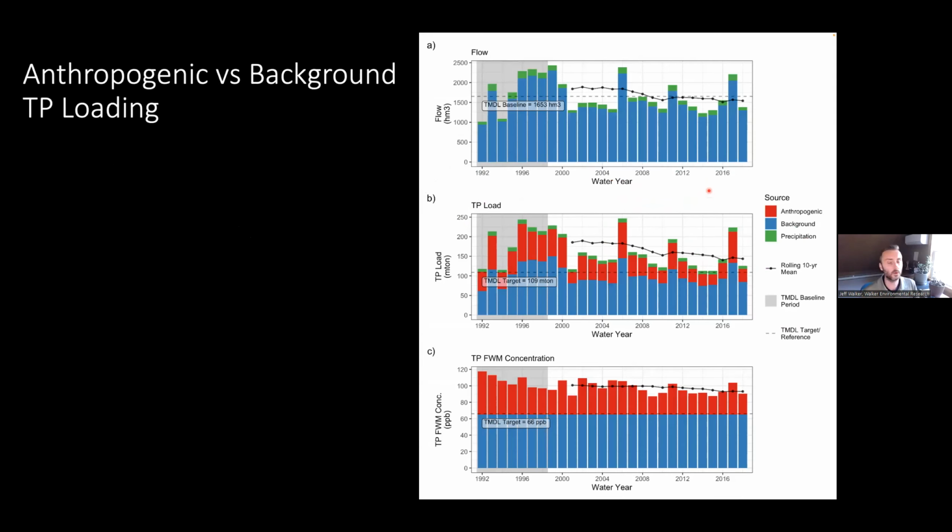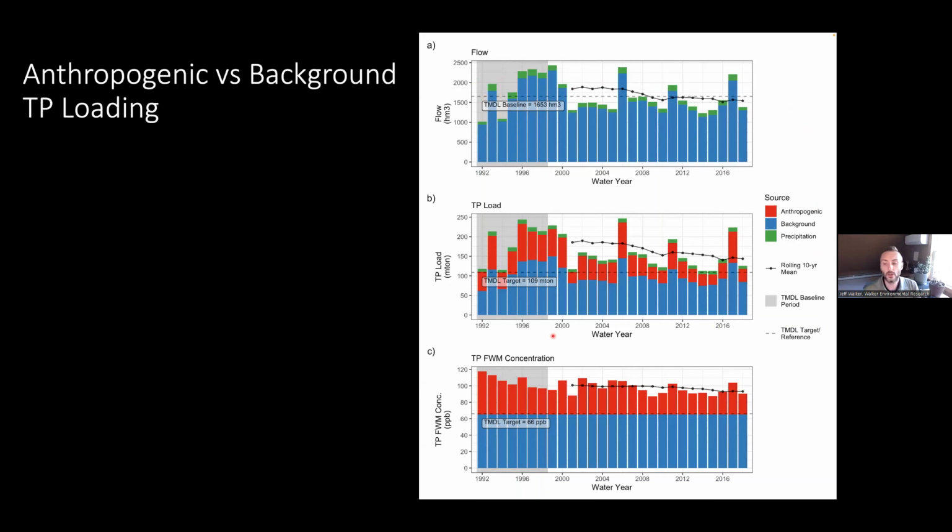The last section was to look at the anthropogenic versus background loading. This is a way of evaluating how much progress we've made towards the TMDL targets. We have the total inflow flows, loads, and concentrations again.